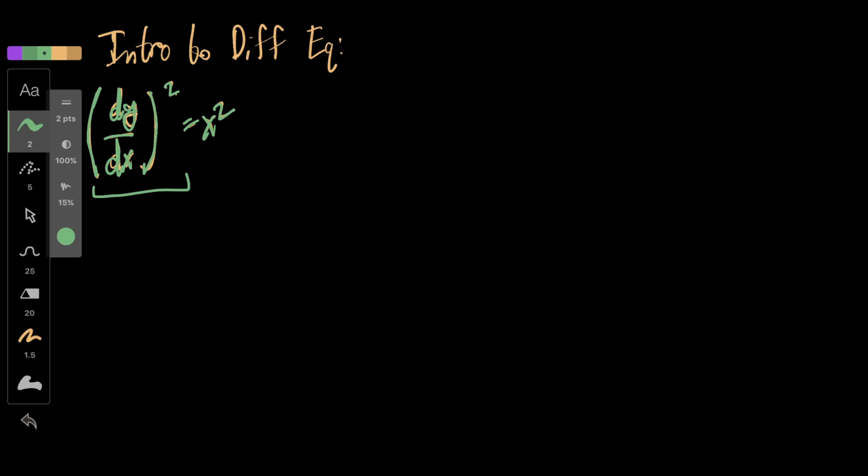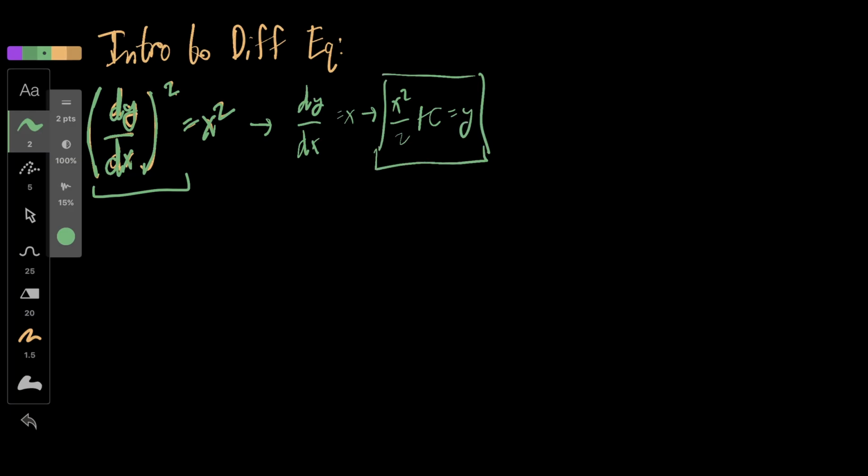Now, what will we do to solve this? Well, we'll take the square root of both sides, so dy by dx is equal to x, and then integrating both sides, we get x squared by 2 plus c is equal to y, and that's our answer. We have our function over here.